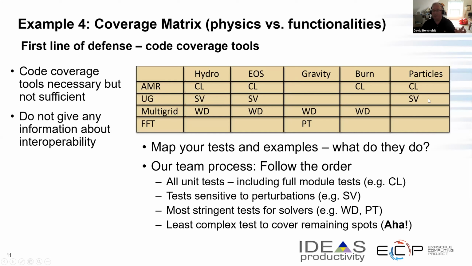And that works also if you have particles in the mix. And then you need to, of course, test your solvers. So you want to look for the most stringent test for the solver. You can construct lots of different tests for the solvers. But you want to start with the most stringent ones that you can manage to gain the most confidence quickly.